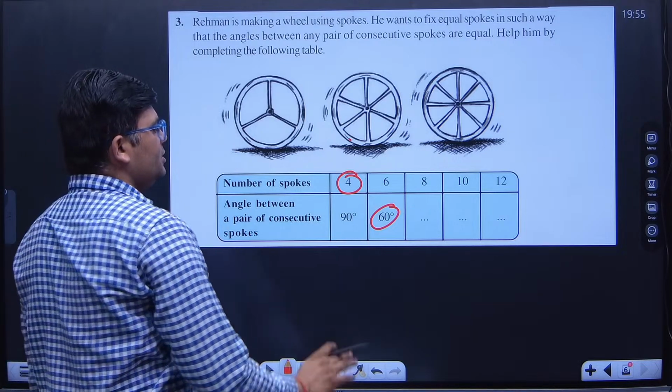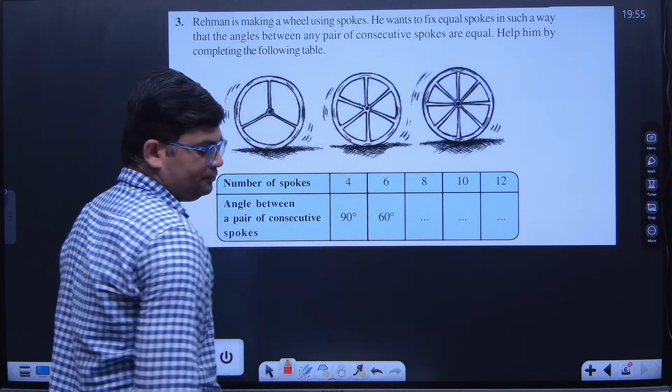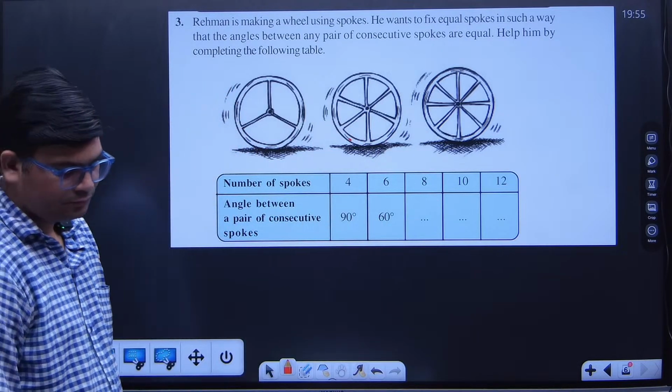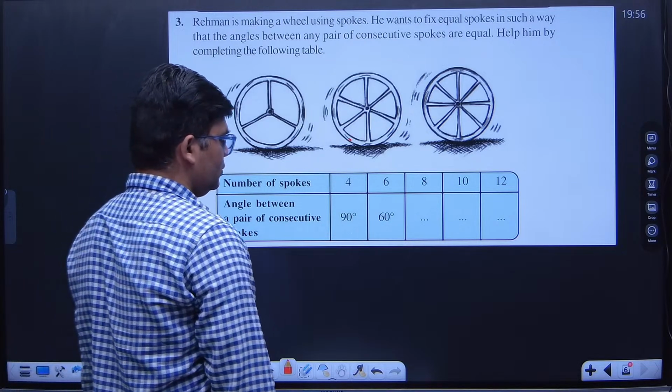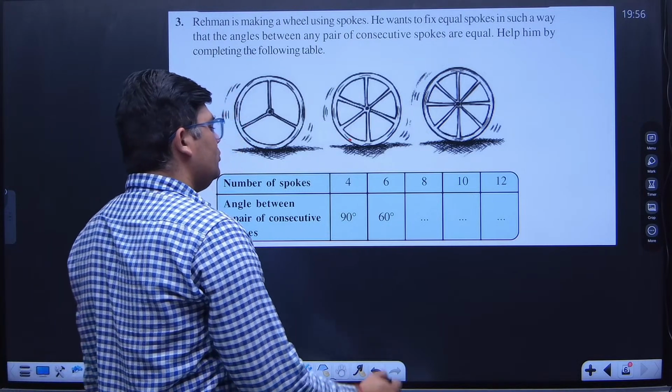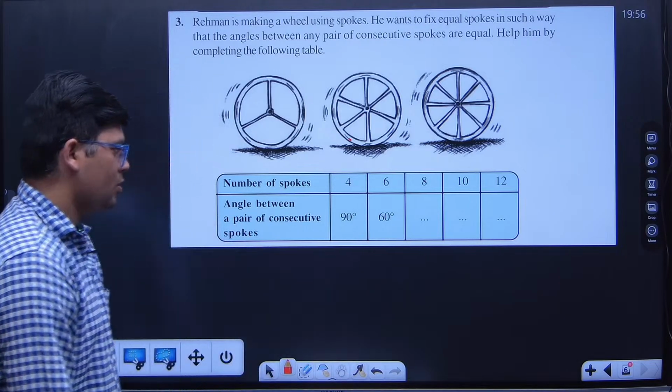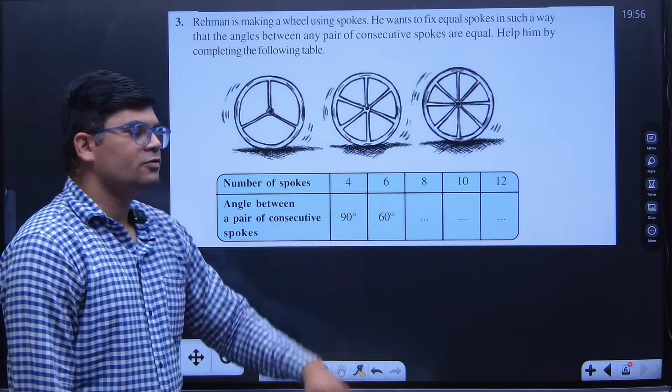Tell me. So will it be 6 into 60 is equal to 8 into x? Yeah, you can do that. Or 90 into 4 is equal to 8 into x.